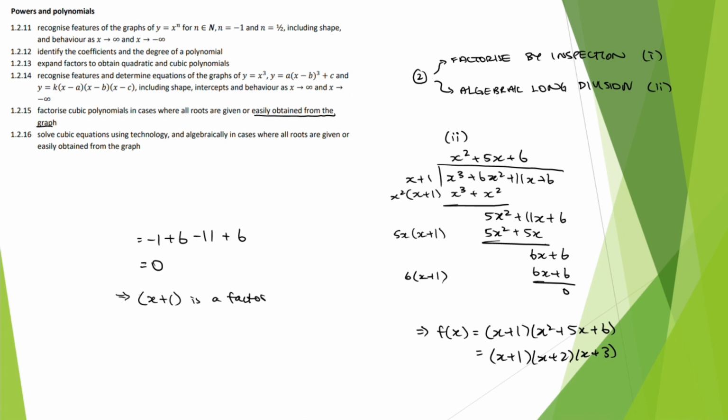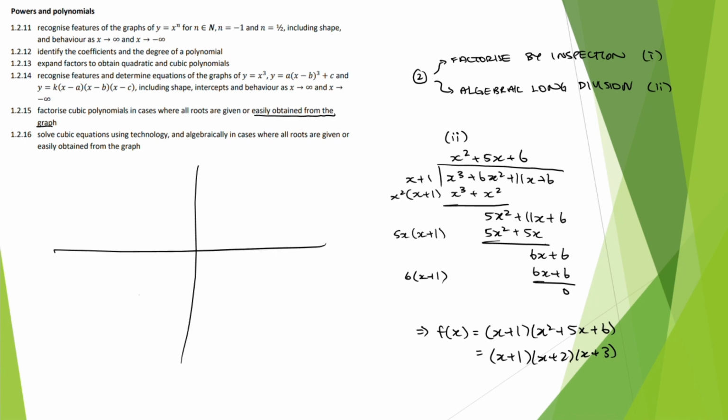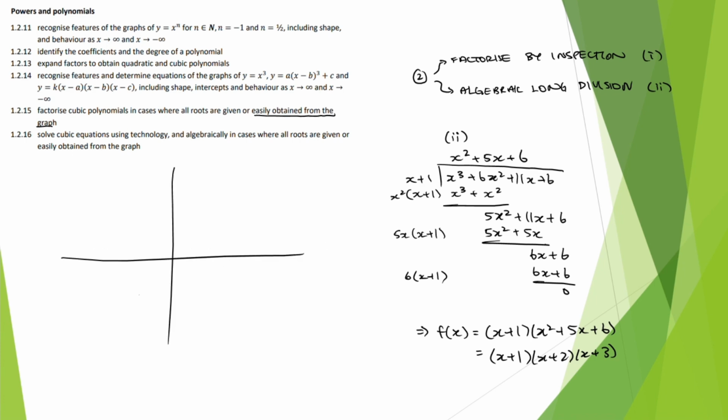All right, if we wanted to graph that now, we know first of all that our k value, that is the coefficient of all of these individual factors, is positive, and we know the roots. As a matter of fact, we also know where the y-intercept is. And so here we can see that we have a root at -3, -2, and -1.